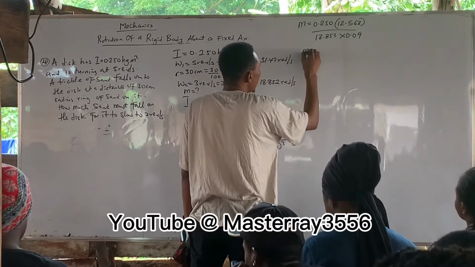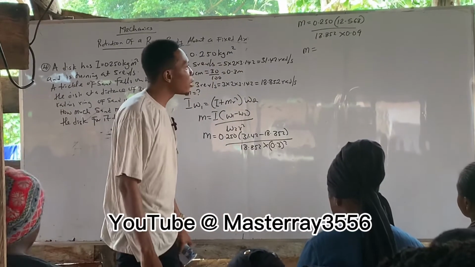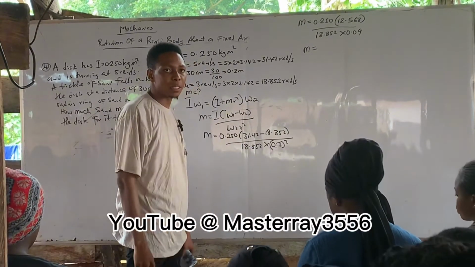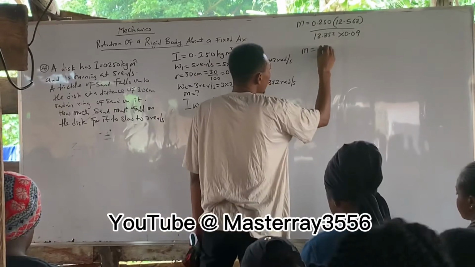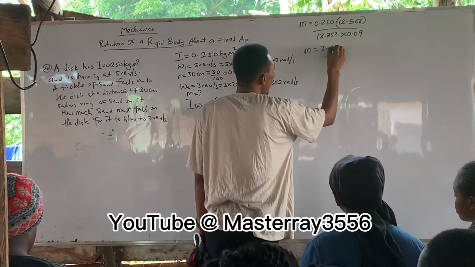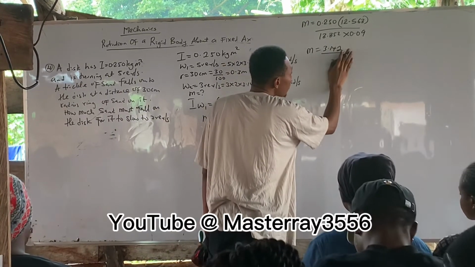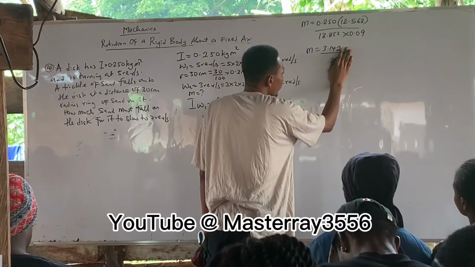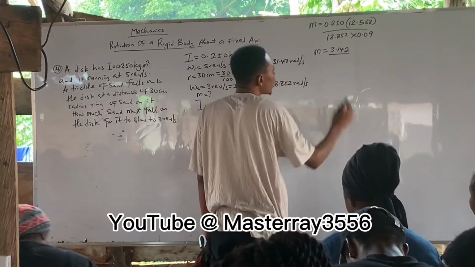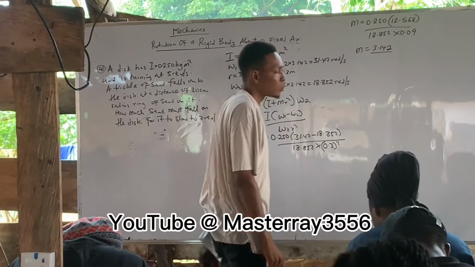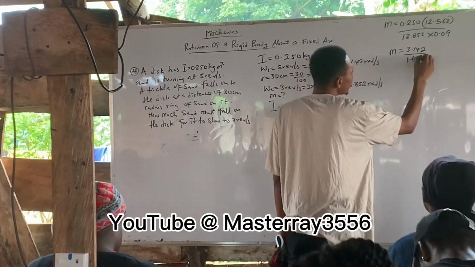0.09. M will be equal to, multiply the numerator, 0.250 times 12.568, which gives 3.142. Then multiply the denominator, which gives 1.69668.